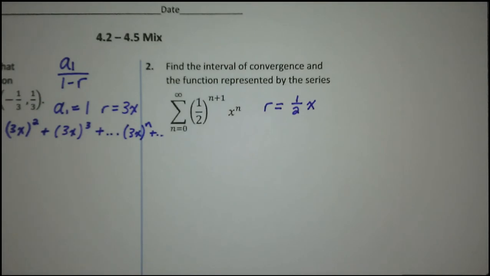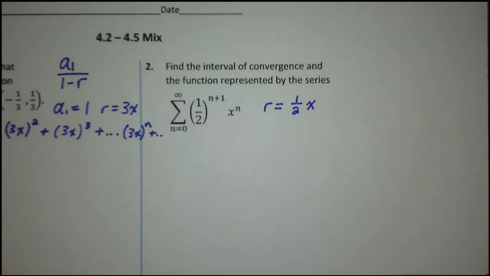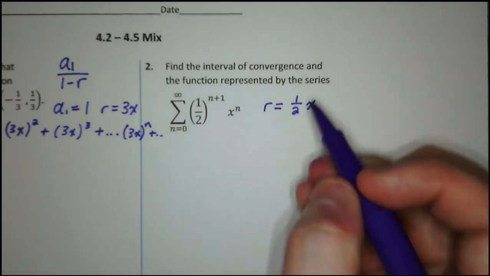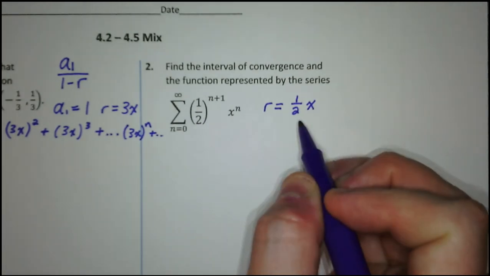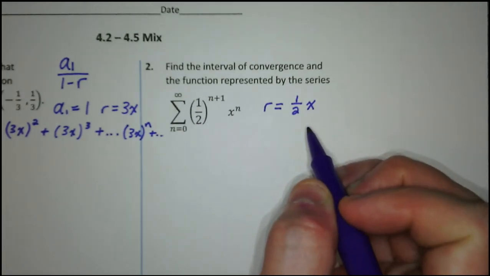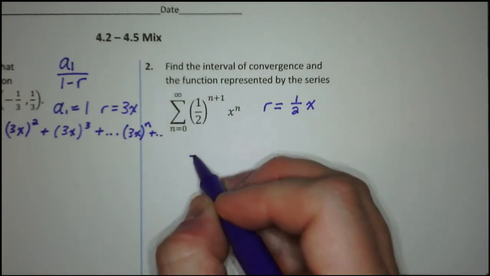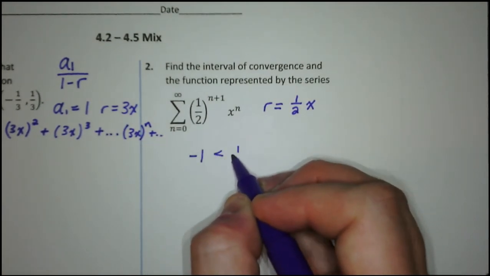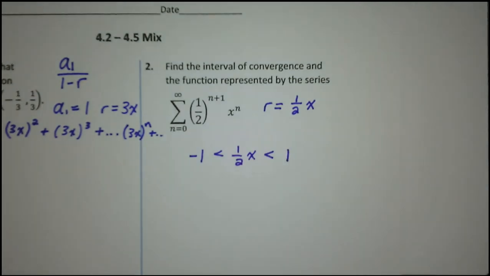Okay? I can tell, I don't have to write out the first handful of terms to realize, just from this sigma definition, that our R value is going to be 1/2 x. So guess what? How does the whole geometric test work?